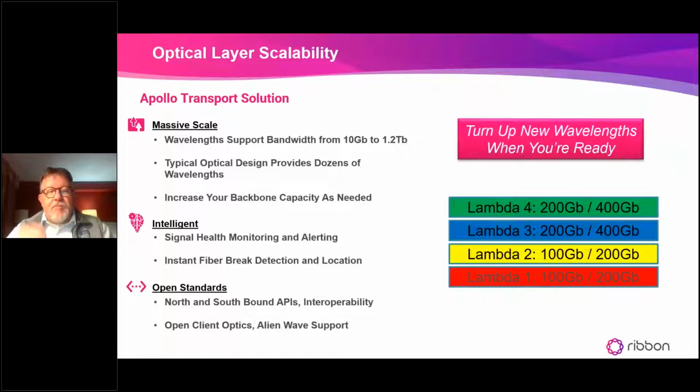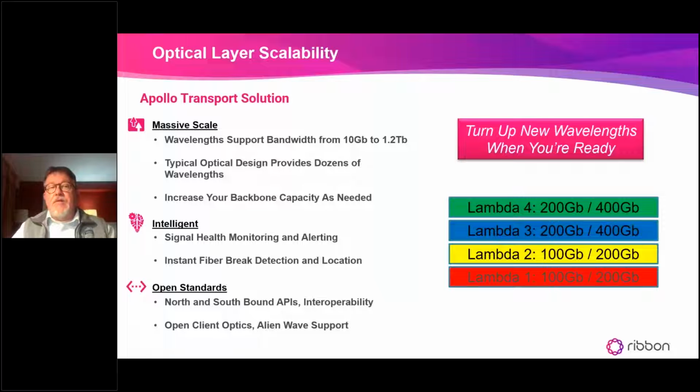And then alien wave support. So for those of you that have been in this presentation series before, you know that alien waves are simply wavelengths, DWDM wavelengths that originate on someone else's equipment. So if a competitor's equipment is attached to a Ribbon solution and is sending the Ribbon solution an alien wave or a DWDM wave, then we consider that alien.